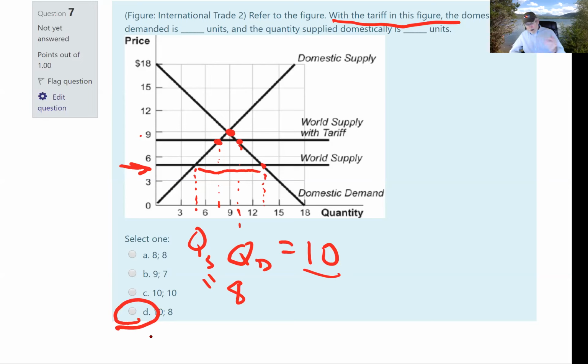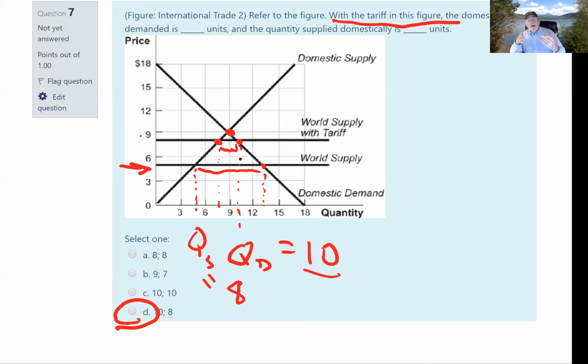Okay, what if this had asked what quantity will be imported? That's not hard to figure out. If American consumers are going to buy 10 and American producers are going to supply 8, where does that difference come from?